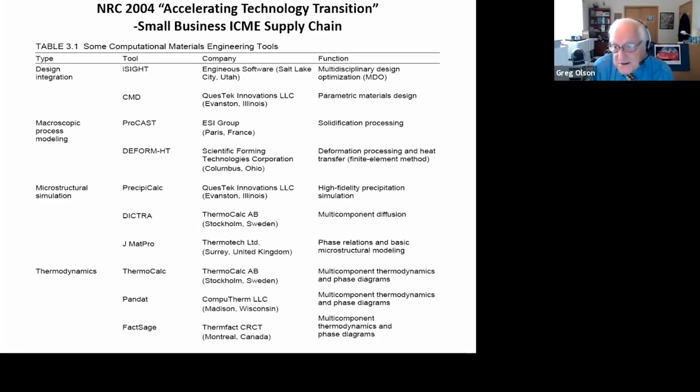And so this was a list that was constructed in that report of what had already been made available at that time and demonstrated successes of the technology. The principal mechanism by the way that this technology has moved into major corporations has been by acquisitions of various forms that have affected about a third of the companies on this chart. So small business really did create this technology and lead the way.